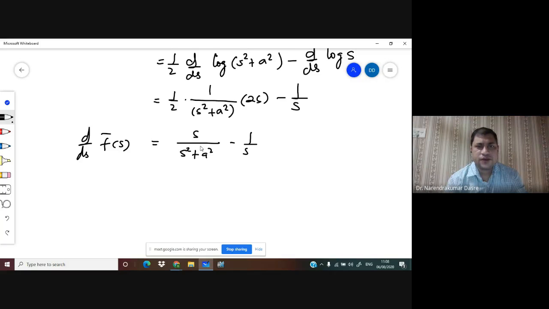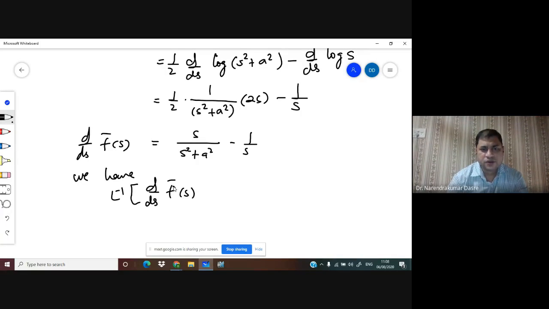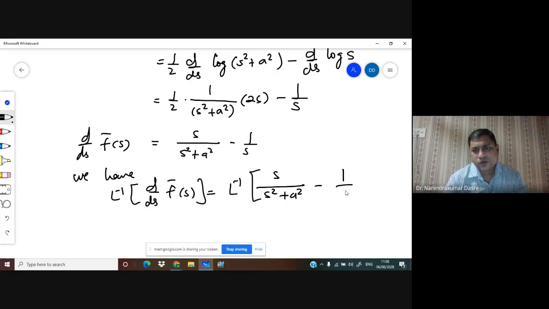Okay, so as we have completed the first step, we have to consider the inverse Laplace transform of this derivative. Now we have inverse Laplace transform of d by ds of f bar of s is equal to Laplace inverse of s upon s square plus a square minus 1 upon s.